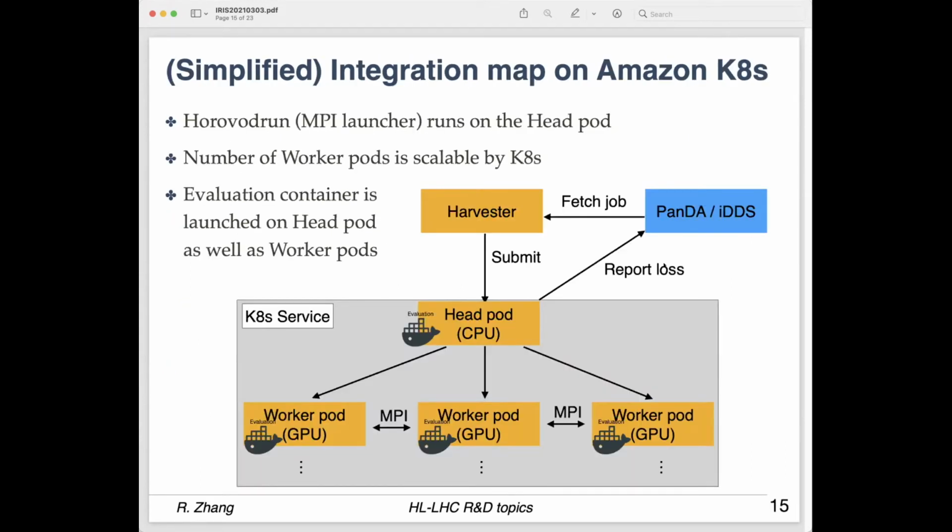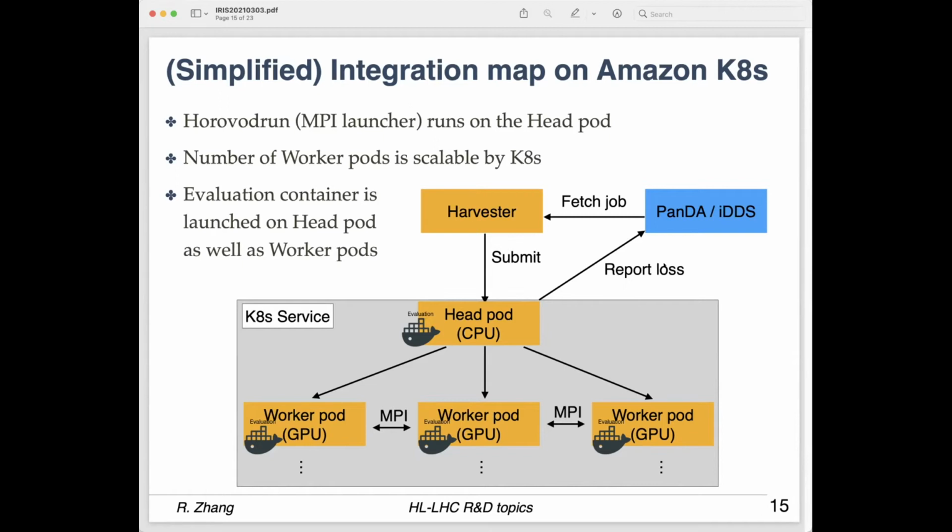On slide 15, I probably should be quicker. This is a simplified version of the integration map on Amazon Cloud. Here we again need Harvester to submit the job on behalf of the user.